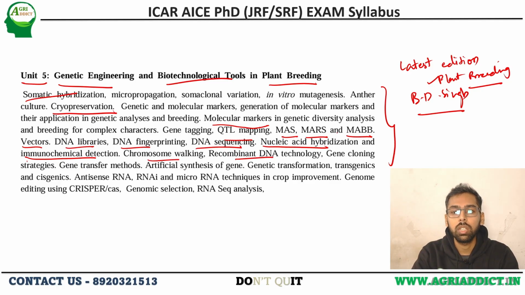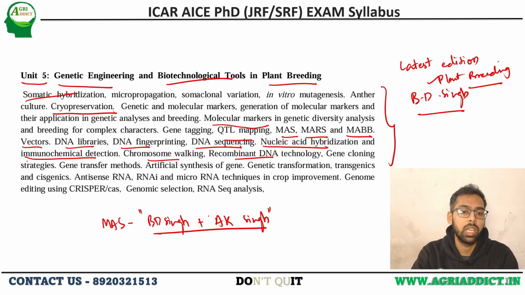All these topics can be covered in a book named Marker Assisted Selection by B.D. Singh and A.K. Singh. This is the book that has to be referred to by everyone if you want to crack the ICAR PhD examinations. It is a very important book which helps you get in-depth knowledge in the molecular part.